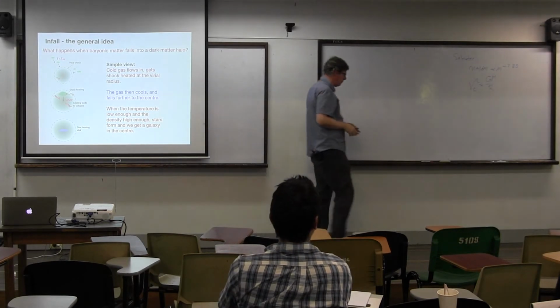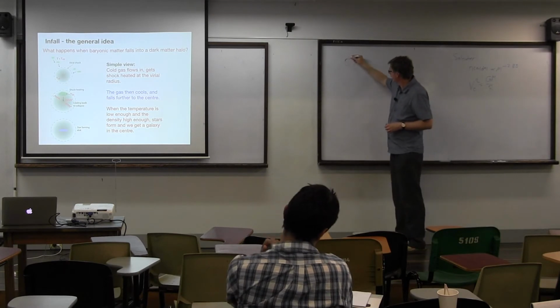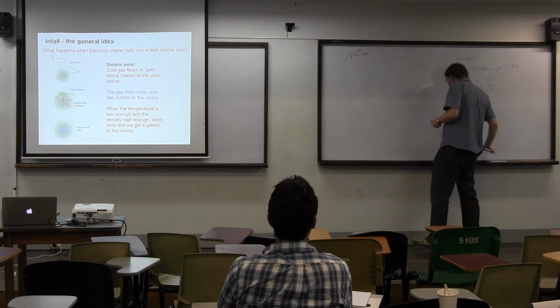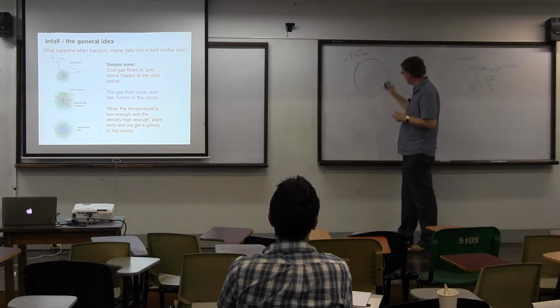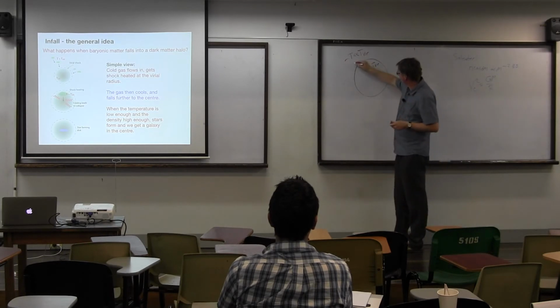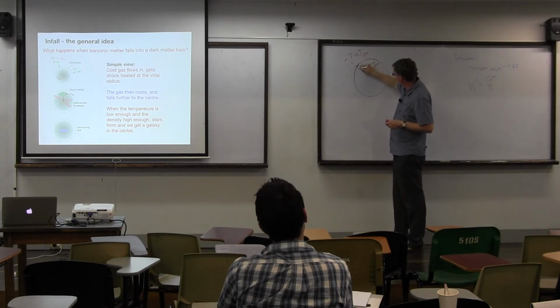And so what will happen is that you will have your clump with temperature much less than the virial temperature. You have your dark matter halo with Tvir. And as this falls in here, at some point you will expect it to have a shock.